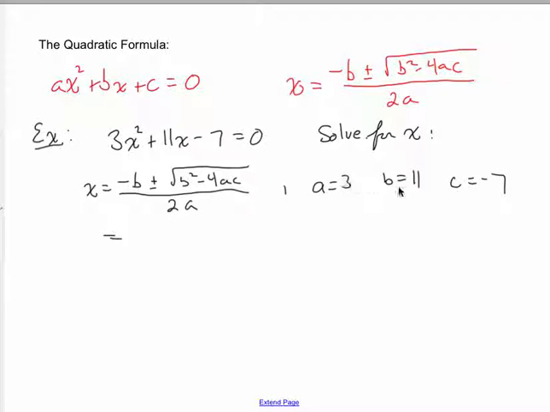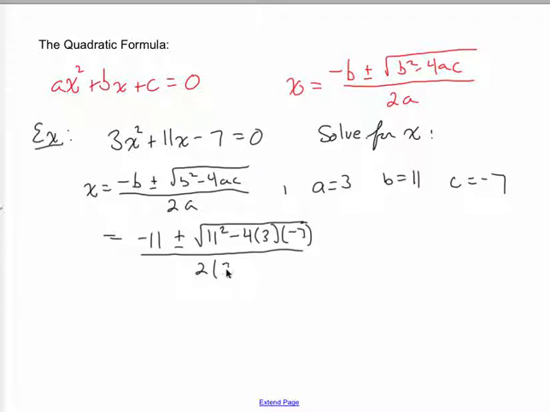Negative b, so -11, plus or minus the square root of b squared, so 11 squared, minus 4 times a, which is 3, times c, which is, mind the sign, -7. All divided by 2a, and a is 3.